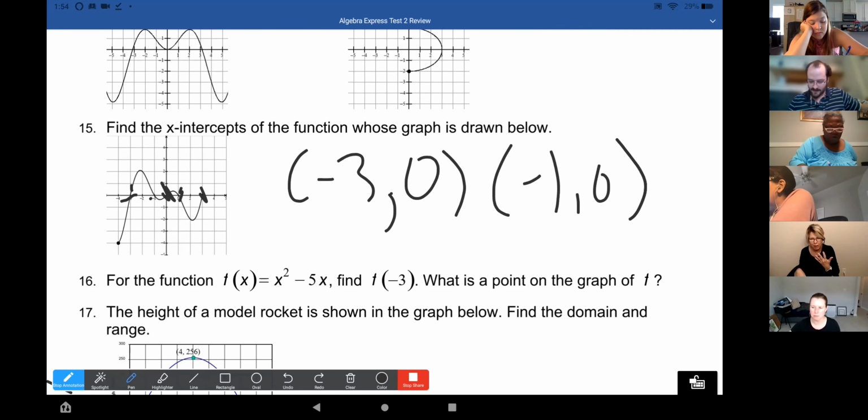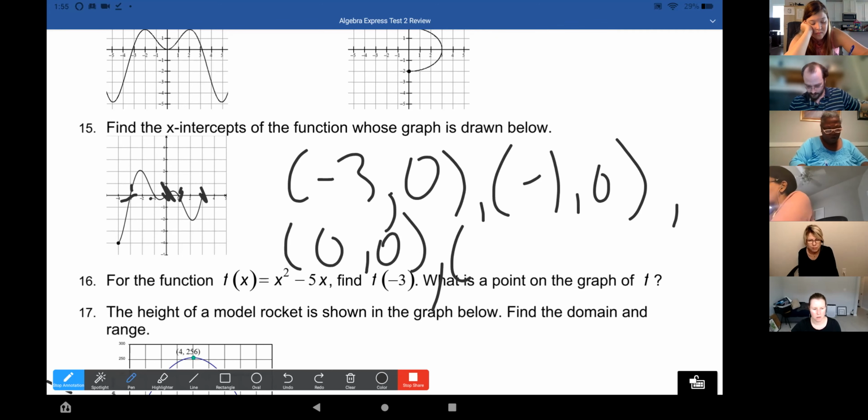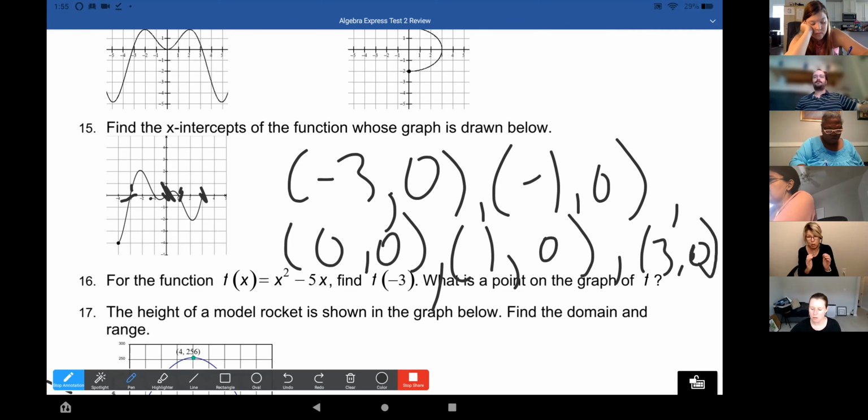Minus 1, 0. 0, 0 is also one. We need to write them as a pair, right? Yes, it should be a pair of numbers. Your second number should be 0 in all these, they're all x-intercepts. This one is a function. Yep, it's a function. Okay, perfect. Thank you.